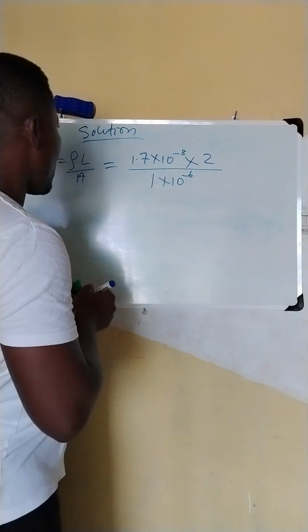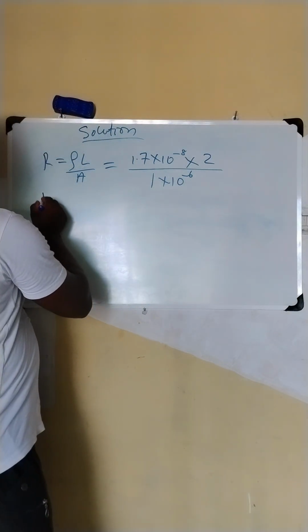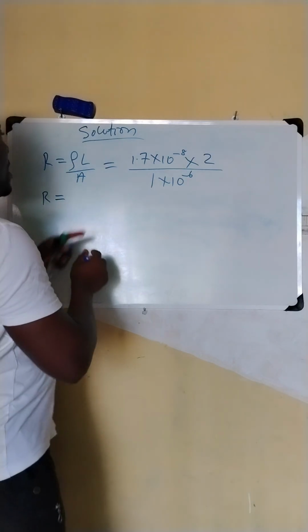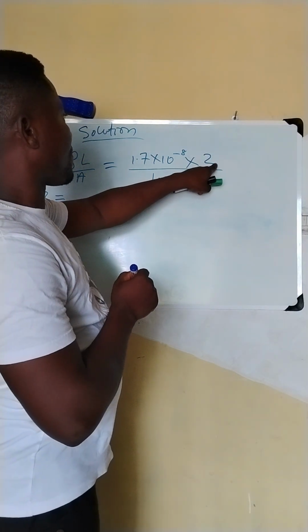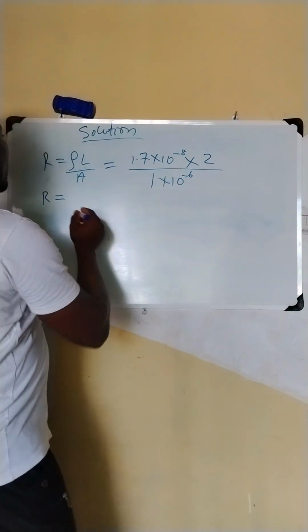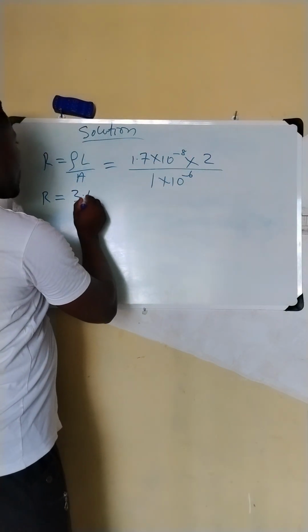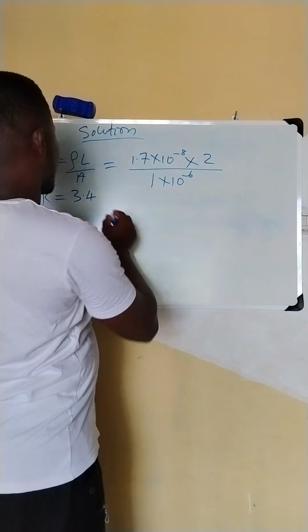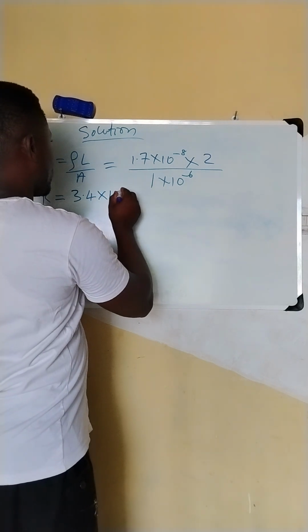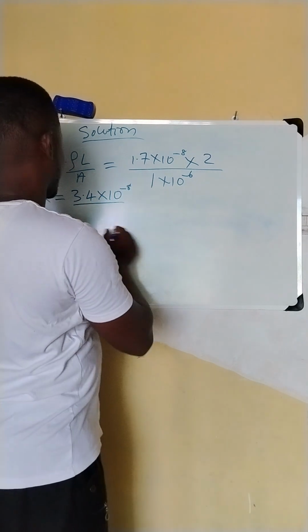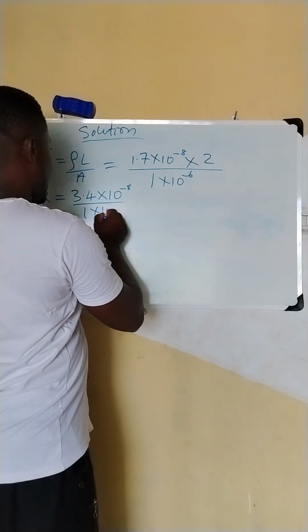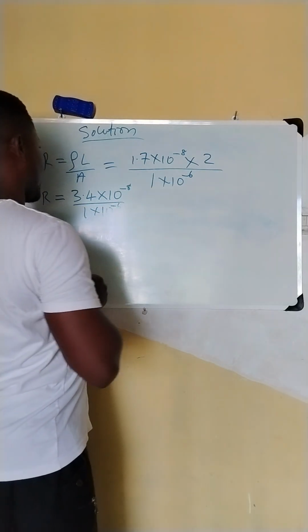All right. From here, you write that R is equal to, multiply 1.7 by 2. That will give you 3.4. Then you bring down the times 10 raised to the power of negative 8 all over 1 times 10 raised to the power of negative 6.